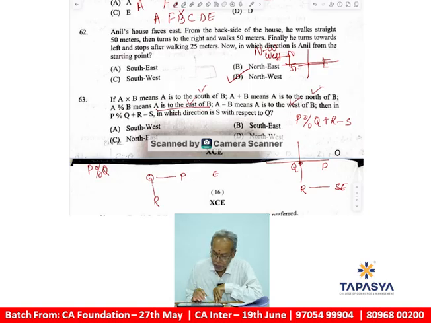Right. Next again minus. Minus means A is west of B. So here R must be west of S. That means here it must be S. So this is the starting place of Q. He is coming towards the southeast direction. So the answer is southeast, B.